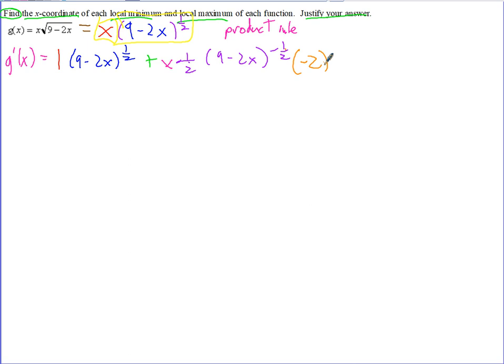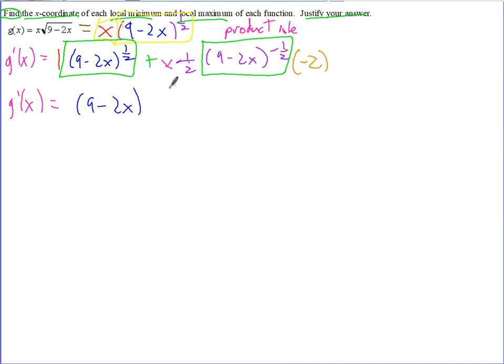And to simplify this, one of the most efficient ways is to factor out 9 minus 2x to the negative 1/2. So let's factor that out of the piece. And use the lower exponent, the negative 1/2.